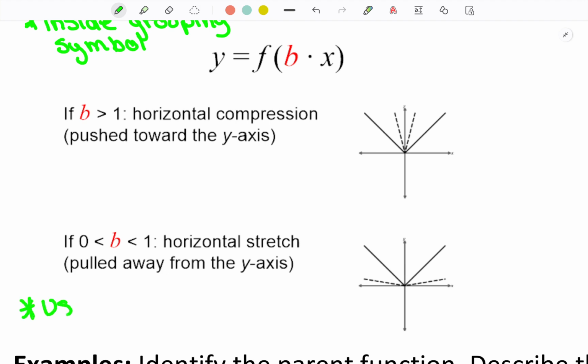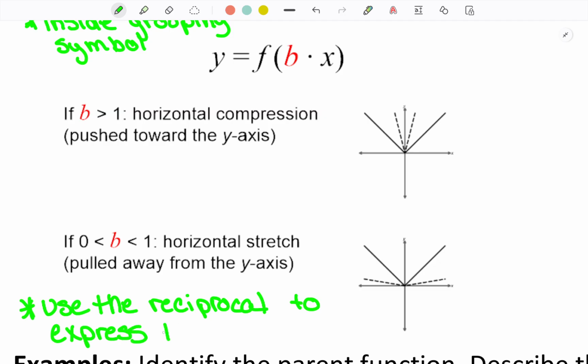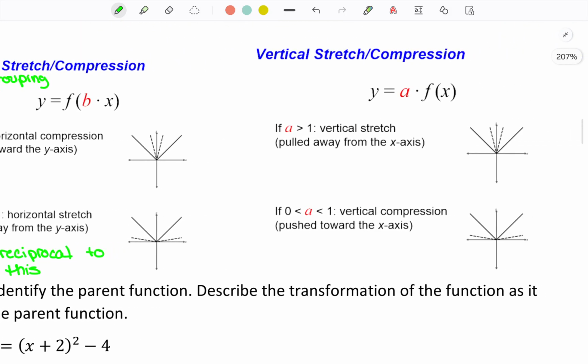And you always use the reciprocal to express this one. So you always flip that number over.